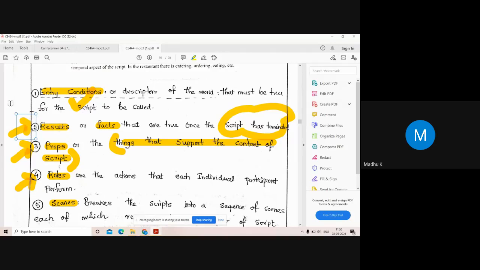Next, there should be an entry condition, for example, hungry and has money. Then only the customer can enter the restaurant. If the entry condition is true, then the script will be executed and it produces an output. Props are the things, roles are the actors.